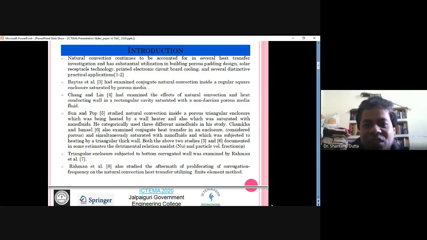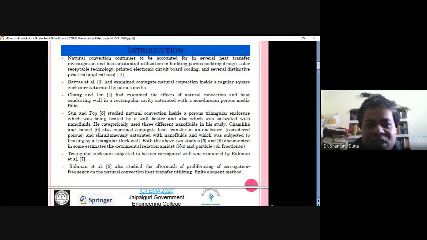Natural convection still continues to be accounted for in investigations and has been utilized in several studies regarding porous padding design, solar receptacle technology, where radiation is also a primary way of dealing with the studies, printed electronic circuit boards in electronics, and in several distinctive practical applications ranging from geophysics to civil engineering to fire and whatnot.